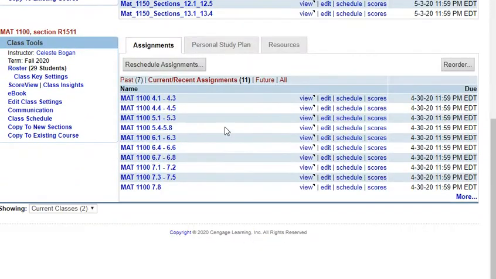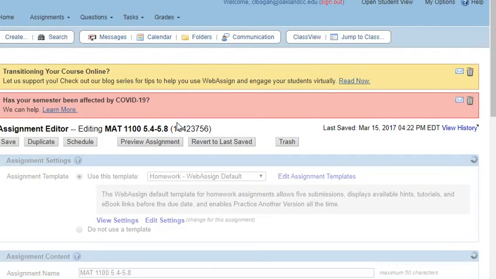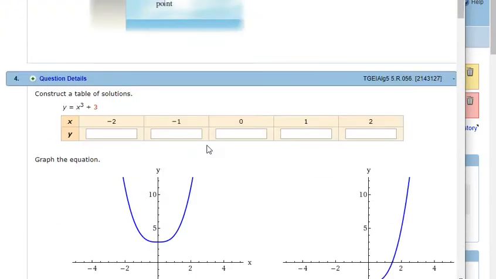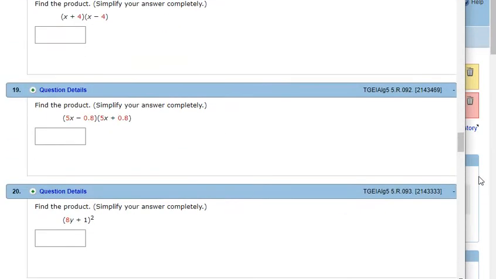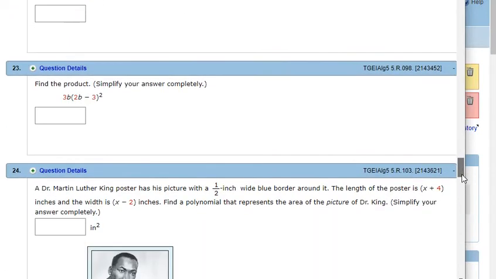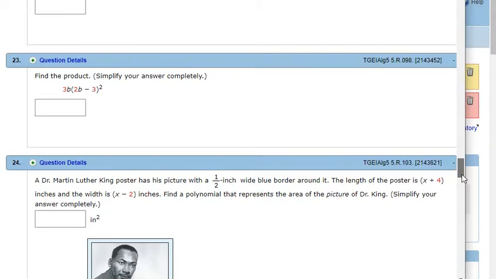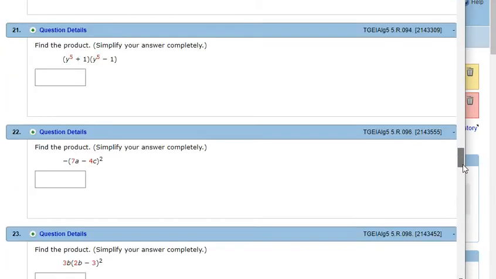So let's go down here. Notice that you should have already done 5.1 to 5.3. Now we're working on 5.4 to 5.8, and so we're on 5.7. If we preview this assignment, right after we finish this section, you should be able to do, let's go all the way down to the bottom, 22 and 23, 21.